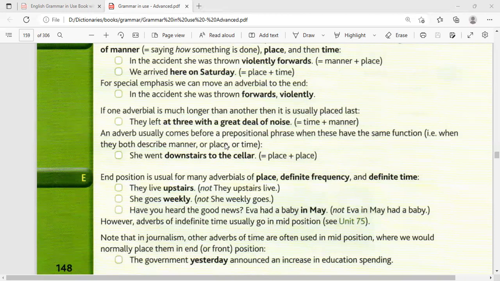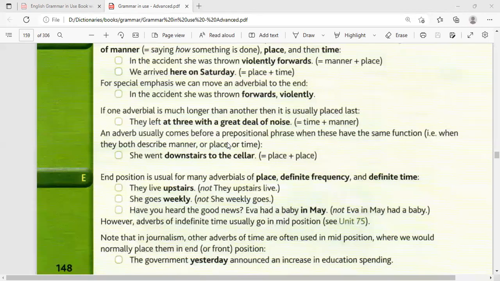So that's why we don't go with the rule, and we started first with the time adverbial. So we said they left at 3. We started with the time adverbial and then the manner. Okay? You get it, Anna? Yes.